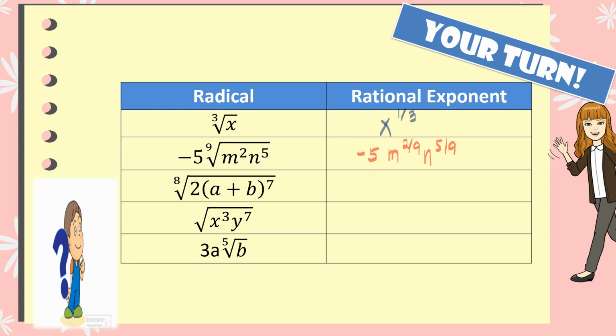Alright. The answer is 2 raised to 1 over 8 and the quantity a plus b raised to 7 over 8. Did you get the same answer?